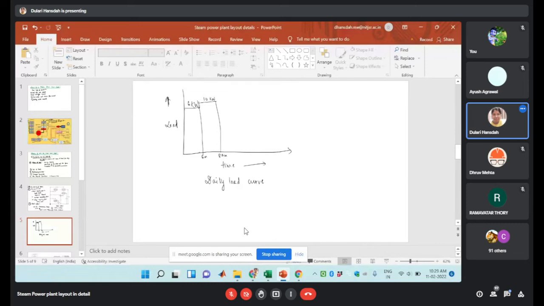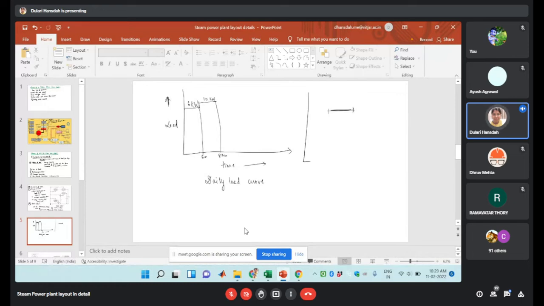What is the load duration curve? Load duration curve means for a particular time period there will be a continuous consumption of a particular amount of electric power. That will be given in the graph, and that is known as your load duration curve.